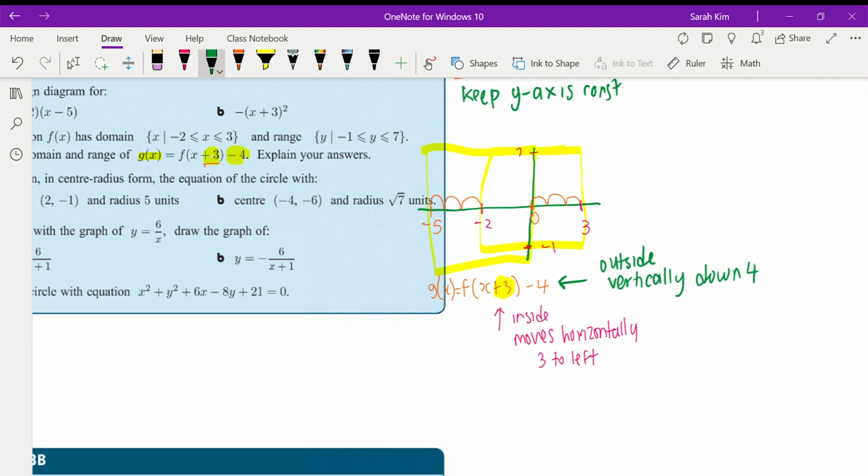So this is now when it's affecting the y axis. So all I have to do is look at this and move the -1 down 4. So sorry, I'm running out of space, but basically if I do -1, take 4, and I go down 1, 2, 3, 4, I should be at -5. If I move 7 down 4, 1, 2, 3, 4, I should be at 3. So that's my new box.